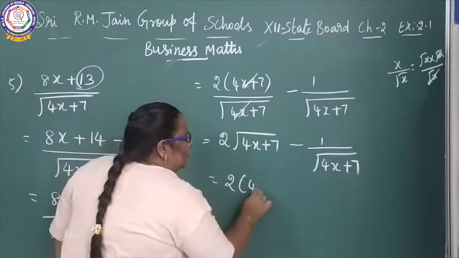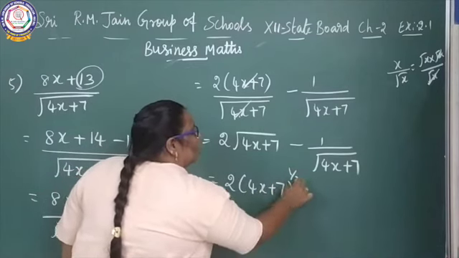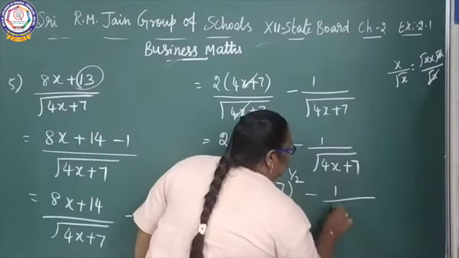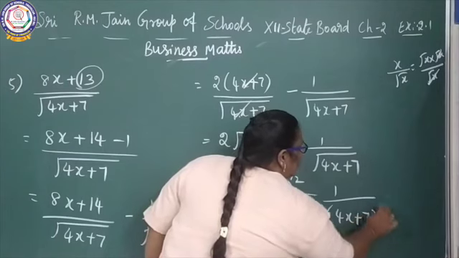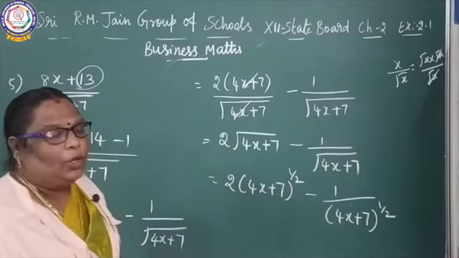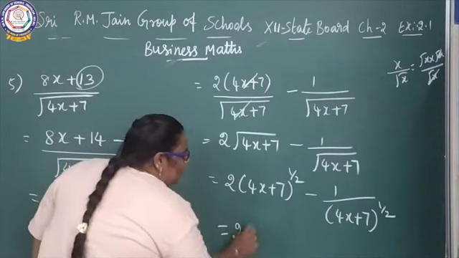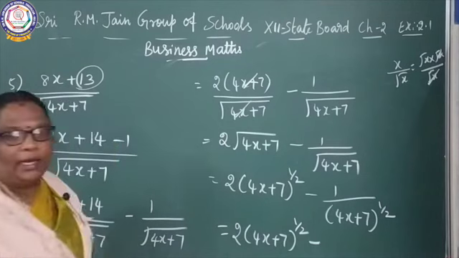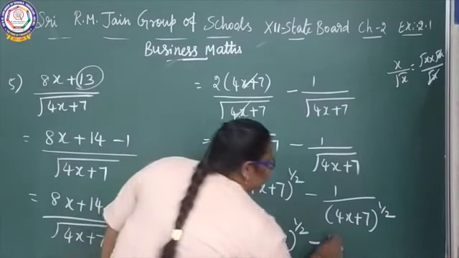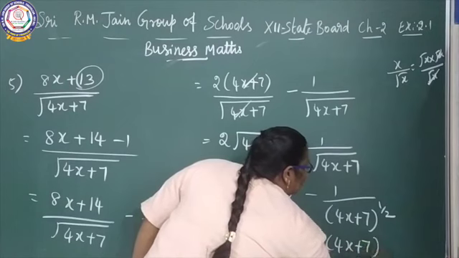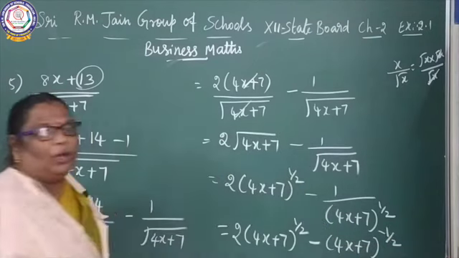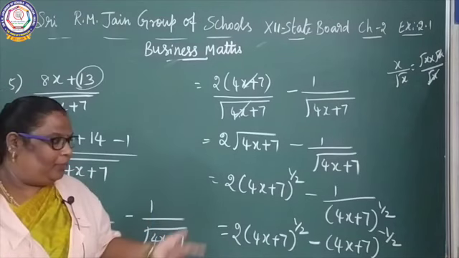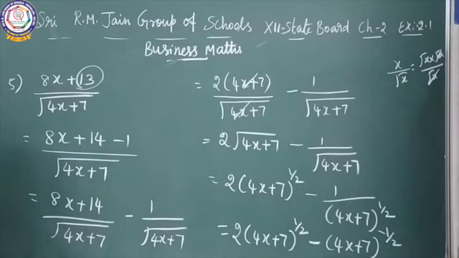2 into (4x + 7) whole power 1 by 2, minus 1 by (4x + 7) whole power 1 by 2. So it gives 2 into (4x + 7) whole power 1 by 2 minus, you bring it to the numerator, (4x + 7) whole power minus 1 by 2, because when the power comes to the numerator it becomes negative.